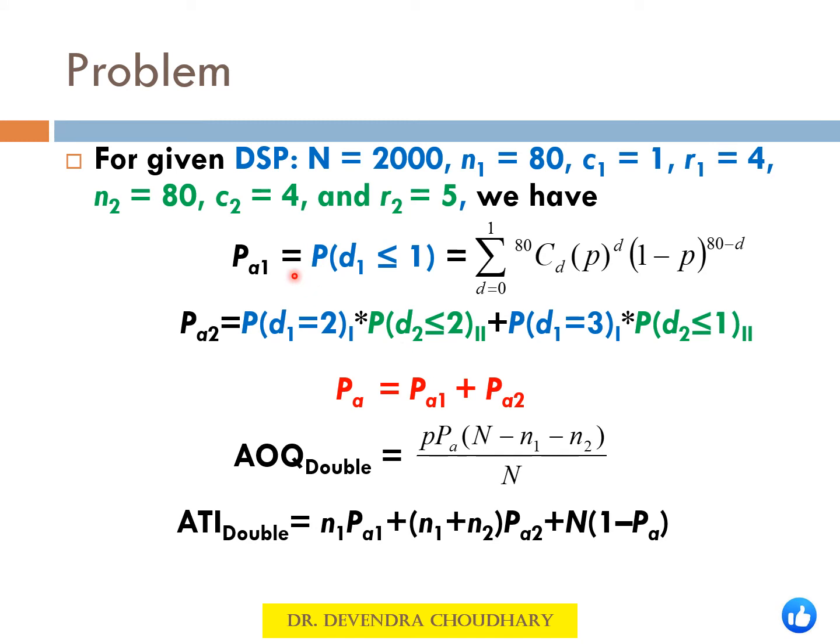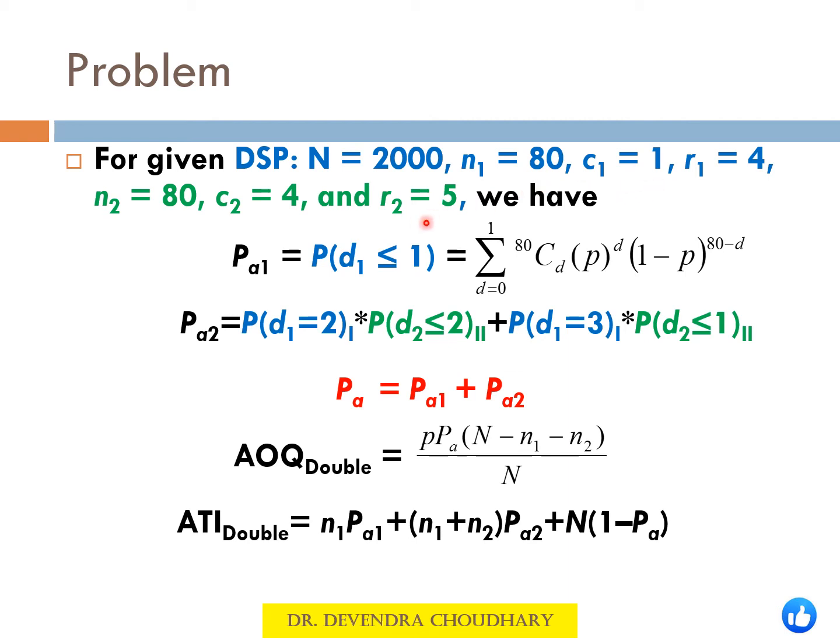For given double sampling plan, we have probability of acceptance after first sample. So here size of first sample is 80 and acceptance number is 1.